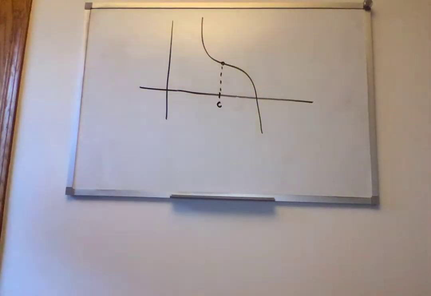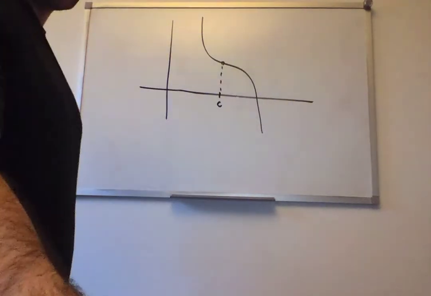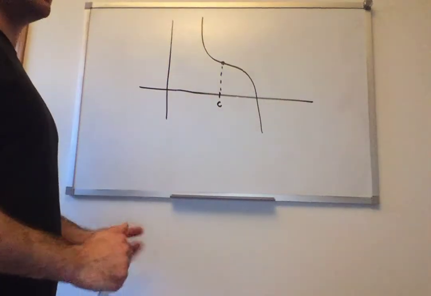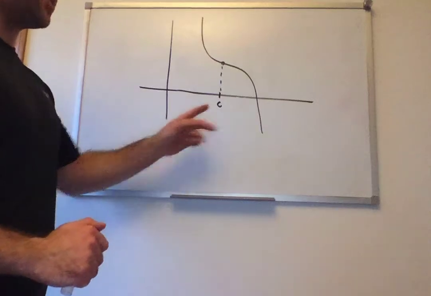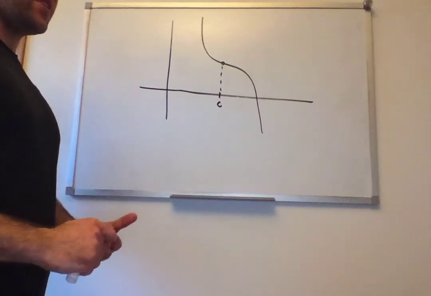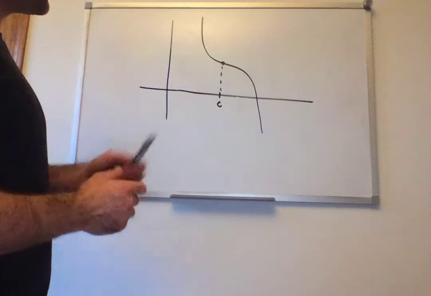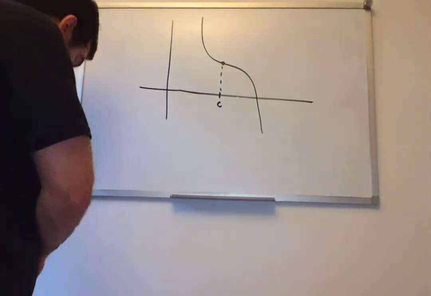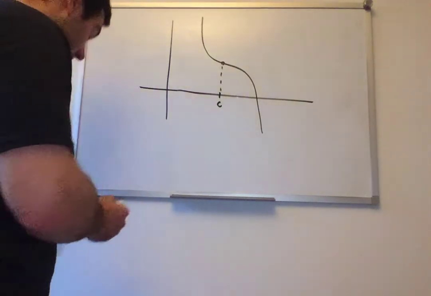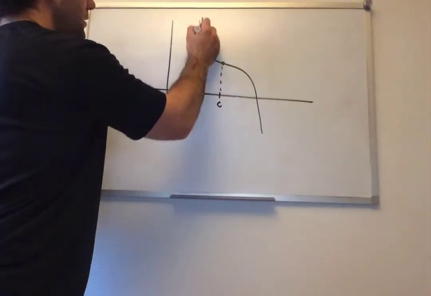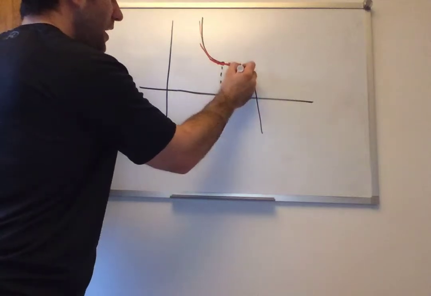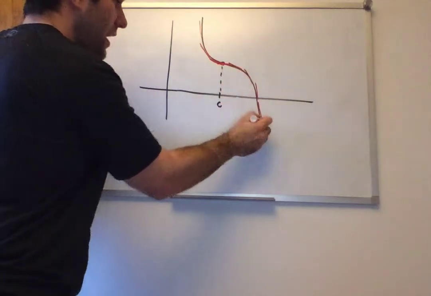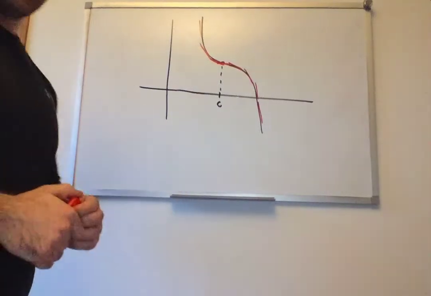I gave you guys a warning when using Fermat's theorem, that just because the derivative equals 0 at some critical number, doesn't mean we have a local min or a maximum. So here, if we were to draw little tangent lines, negative, negative, negative, 0 here, negative, negative, negative, negative, like that. Okay?